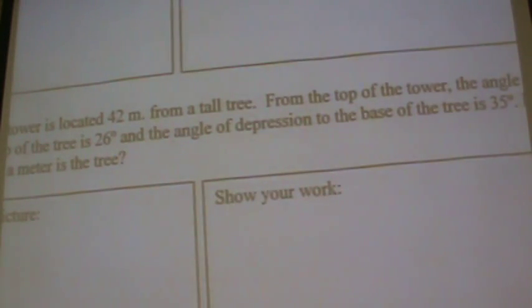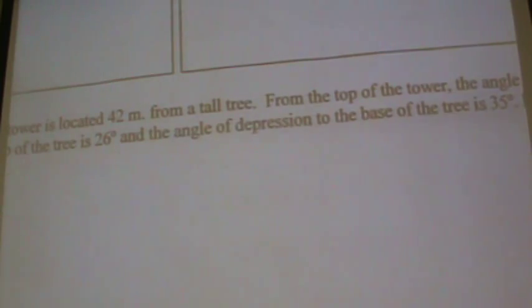Okay, number 7. It says a tower is located 42 meters from a tall tree. Here's your tall tree. Here's a tower. It's located 42 meters.